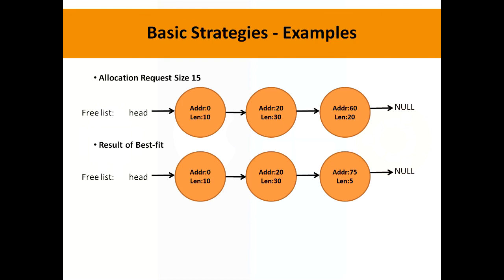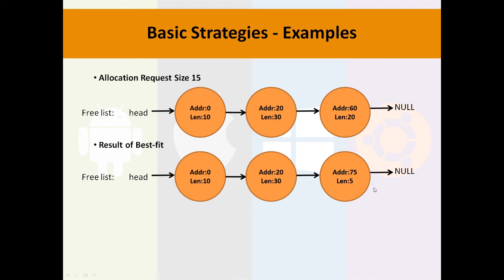Remember, best fit means you find the smallest free chunk that is greater than or equal to the request size. Here, this is size 10, so that's not big enough. This is size 30, so it is big enough. This is size 20, it is big enough, and it is smaller than the other candidate, right? So that means we allocate our memory in this third chunk.